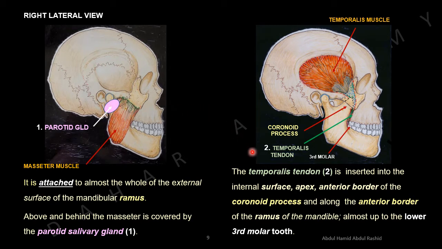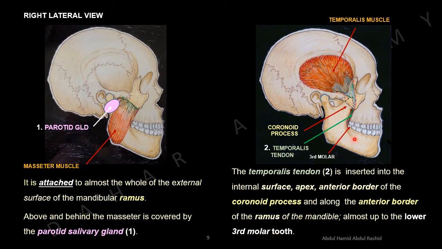The second diagram is about the temporalis muscle, a fan-shaped muscle with a very strong and long tendon. The tendon is inserted to the internal surface, apex, and anterior border of the coronoid process and along the anterior margins of the ramus of the mandible, almost up to the lower third molar tooth.